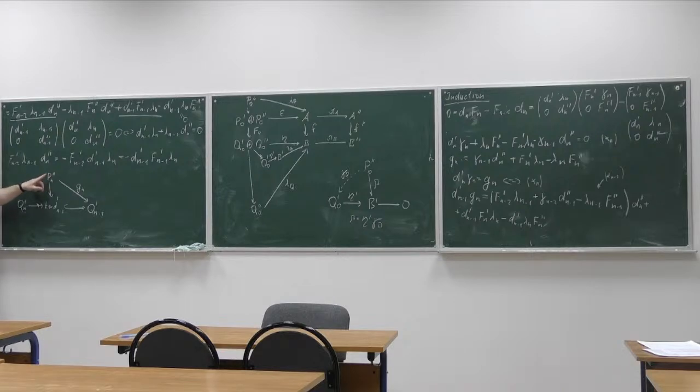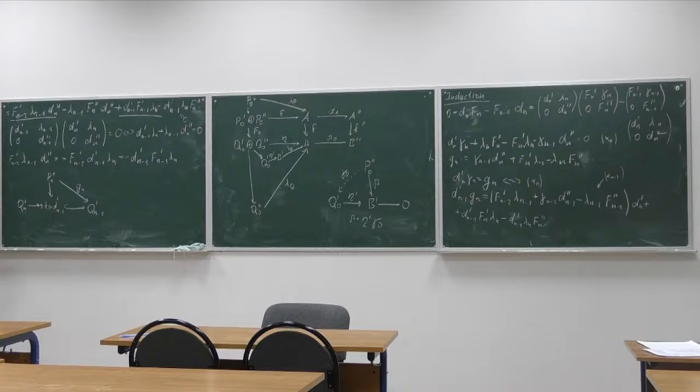Well, this is the map G_n. So the way it is defined, it will be a map like this. Now, since the composition with the differential is 0, actually this is in the kernel of the differential. Right? I can embed the kernel of the differential here, and using this exactness, I can as well say that there is an epimorphism from the next step in the resolution to the kernel.